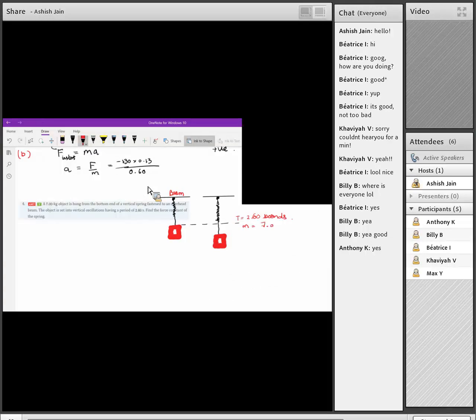Find the force constant. Let's see the formulas. Omega is given as root K by M, where K is your spring constant.